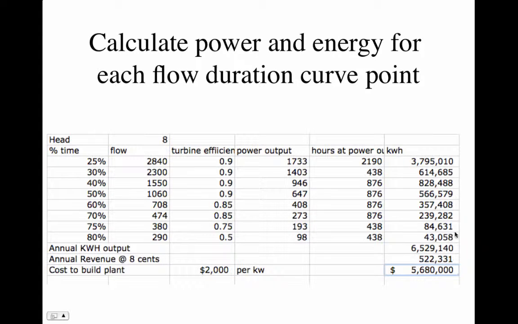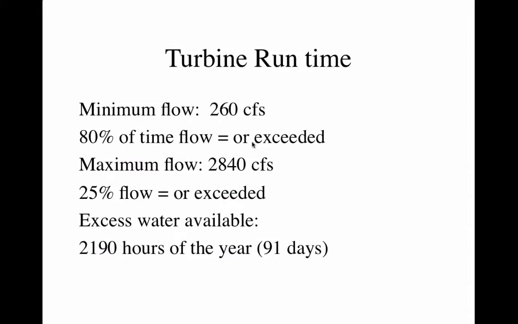And then I plug in the turbine efficiency because remember my turbine is efficient from 2840, it's 85% all the way down to about 400 cubic feet per second. And then it drops off at 290, it's only 50% efficient. I'll show you the curve I used to determine that.